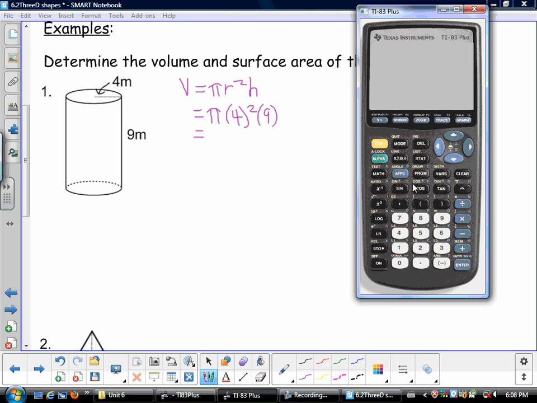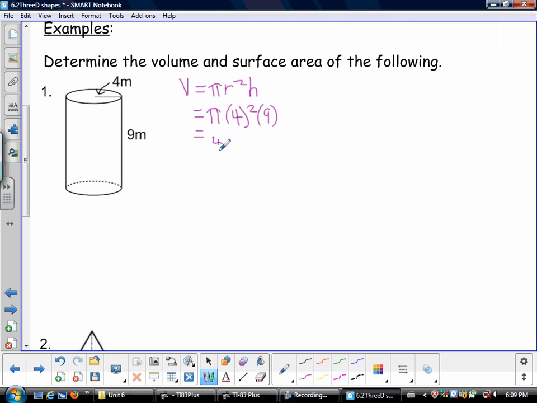So if I do pi, and remember scientific calculators have pi, times 4 squared, or 16, times 9, we end up with 452 roughly, 0.4. So 452.4, and we're talking volume, so that's going to be meters cubed.